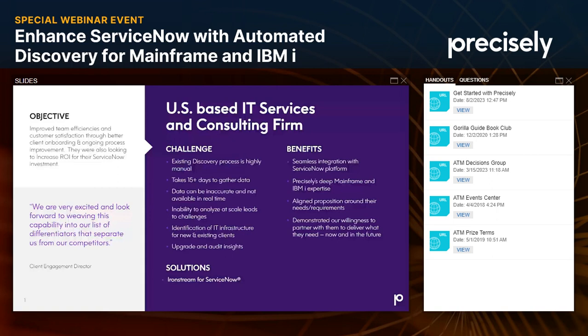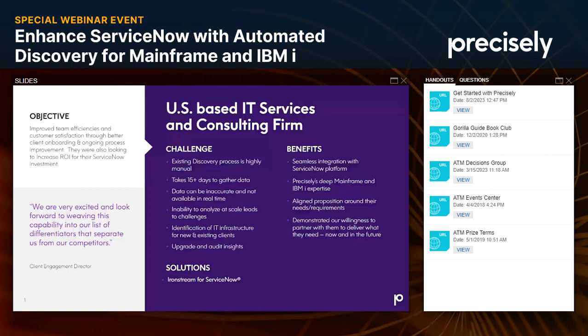Ironstream and the Precisely team checked all the boxes. We provided seamless integration for them into ServiceNow. We have a deep understanding of the IBM environment across Mainframe and IBM i, and it delivers automated, accurate information that they can use straight away and rely on for what they need to do. And they're really genuinely excited about what this brings to them. It has literally changed the gears for them, and they're now speeding along quite nicely.